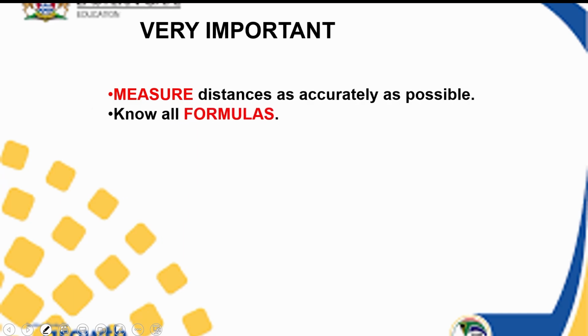Secondly, you need to know all the formulas, and luckily, nowadays the examiners give formulas in the question paper. Thirdly, you need to use the correct scale. I'm sure you heard me emphasizing the scale, whether it is a topographical map or an orthophoto map. Fourthly, do not only write down the answer, but follow and write down all the steps, because there are marks for the steps.